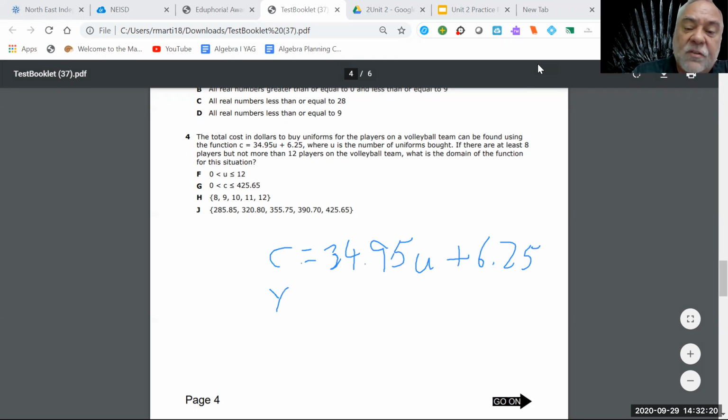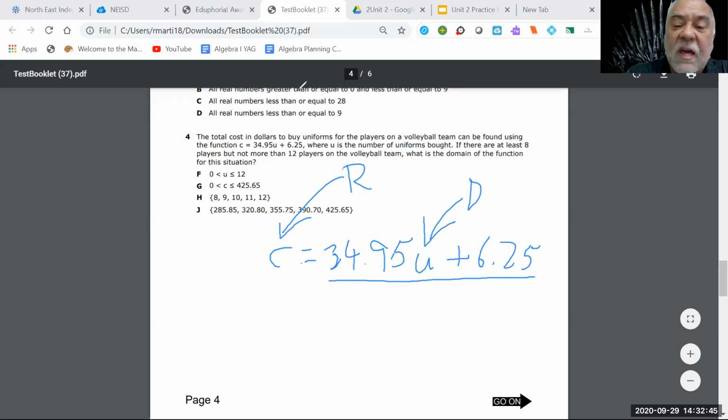This could be a Y, this could be an X, this could be an A, this could be a B. It just doesn't matter. Once they take this form, then this is the input or the domain, and this is the range.